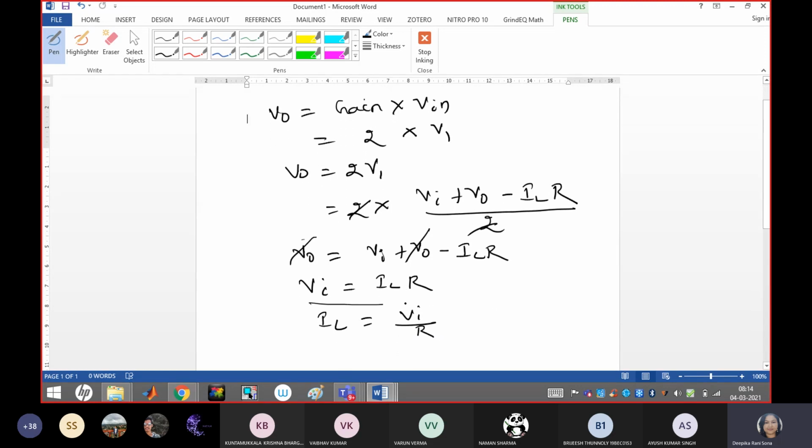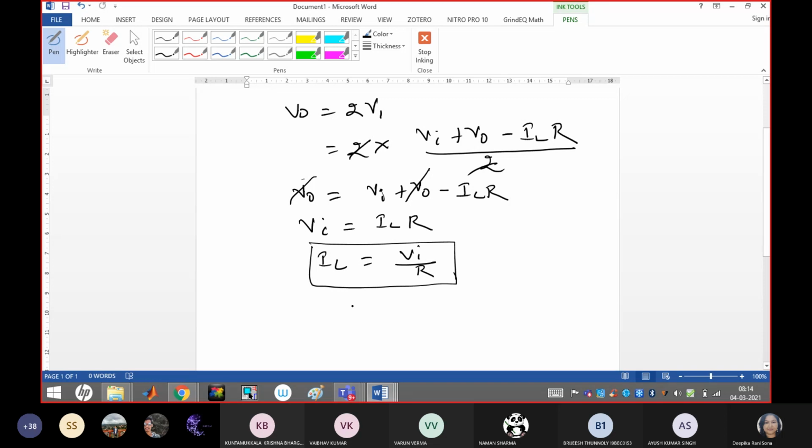IL is proportional to Vi. What is our requirement? IL proportional to Vi. Yes, so here we have proved that the load current is proportional to the applied input voltage in the V to I converter. You can place the relation like this.